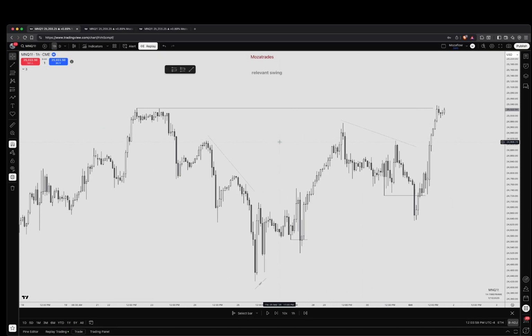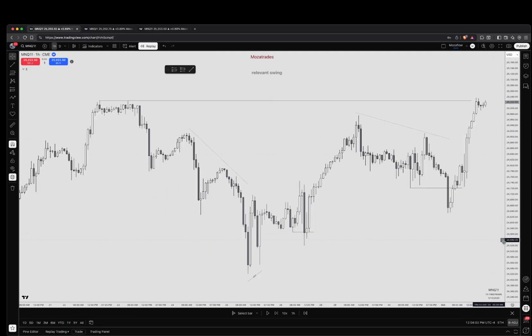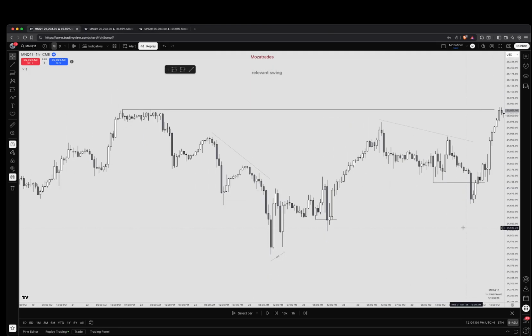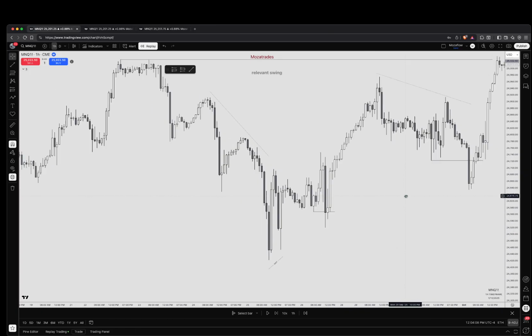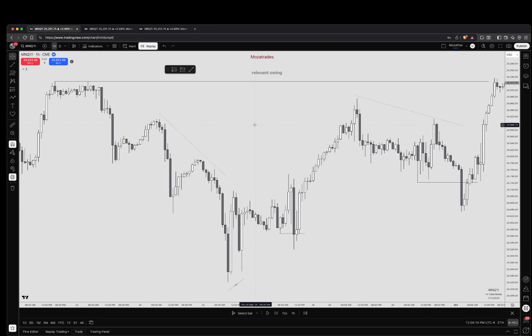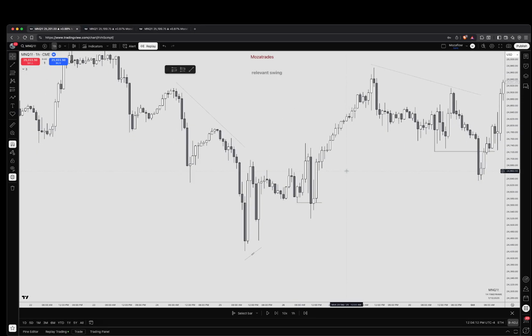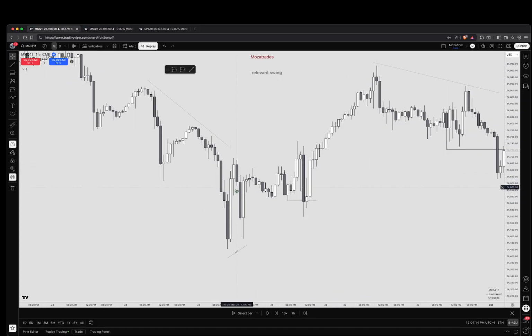I think that's how he calls it. But when you're trading into the buy side from the sell side, you want to trade away from relevant swing points. And those are swing points like this, when it creates a strong manipulation back into the range.